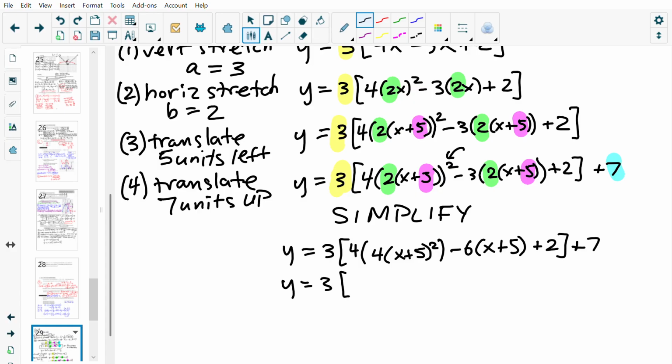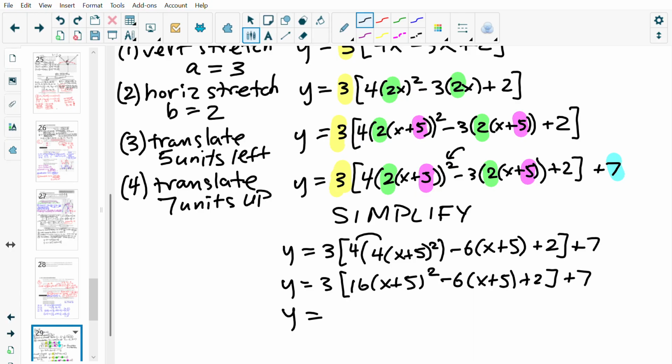Okay. Let's keep working on the inside. So 3 times the square brackets. Let's do 4 times 4. Okay, that's 16. x plus 5 squared minus 6 times x plus 5 plus 2 plus 7.